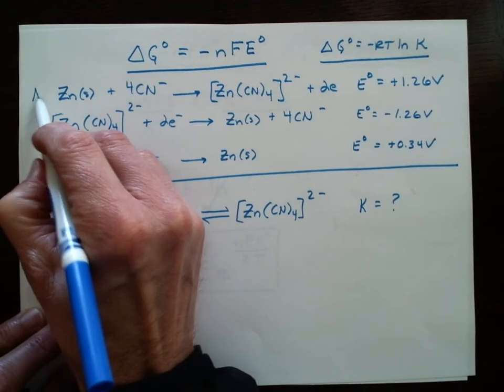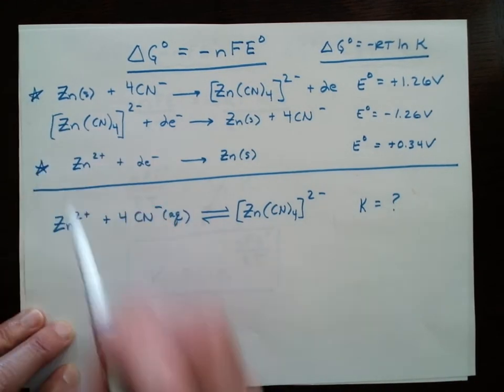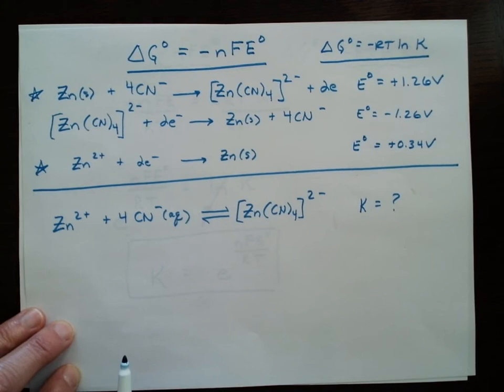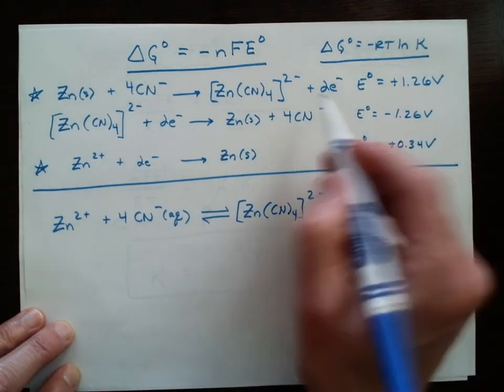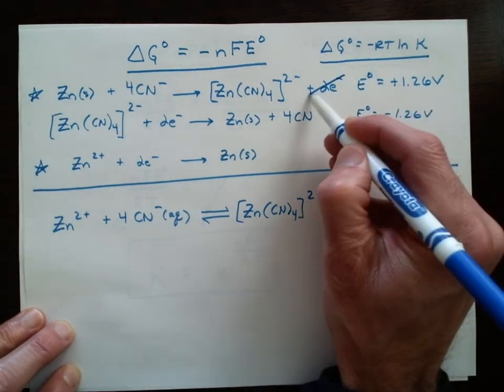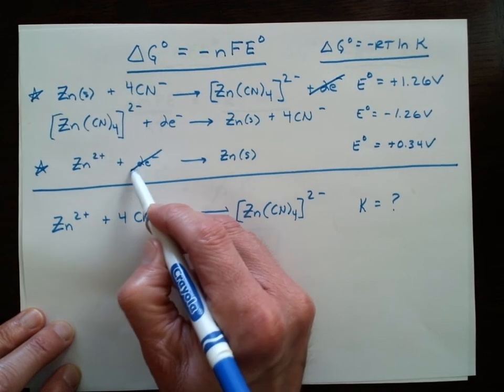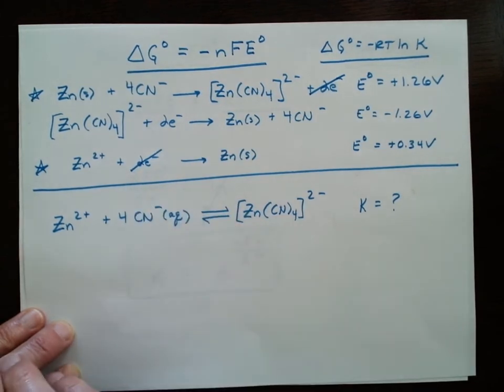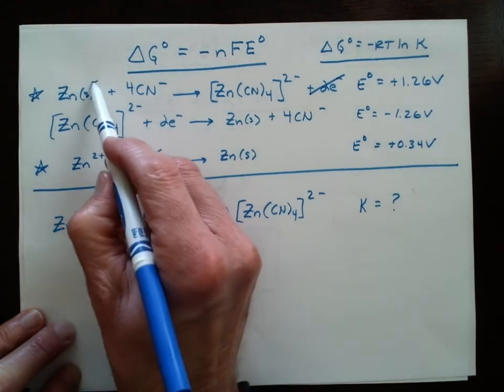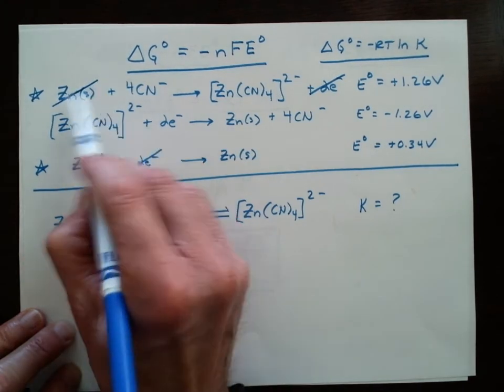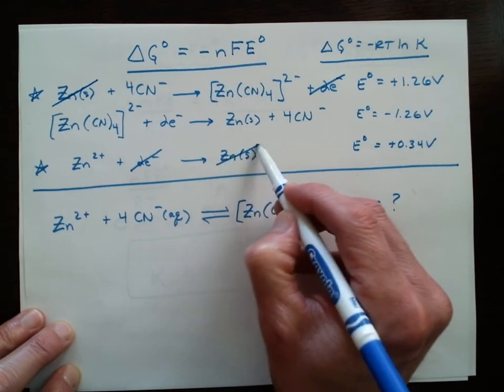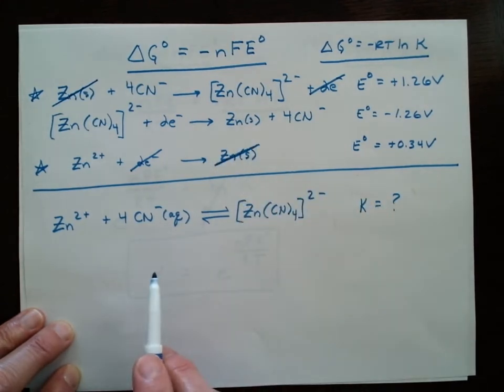Now I'm going to add together the starred reactions. I've got 2 electrons coming out in the first reaction and 2 electrons going in the second reaction, so those cancel. I got zinc solid on the reactant side in the first reaction and zinc solid on the product side in the second reaction.